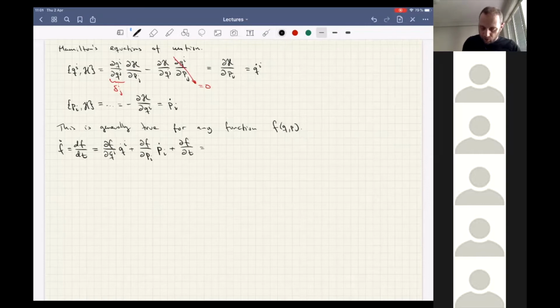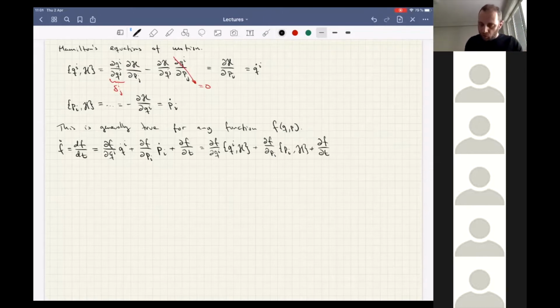And what we end up with here is ∂f/∂qi, and then q dot i was this Poisson commutator, plus the same thing for the p, ∂f/∂pi times the Poisson bracket of pi with H, plus ∂f/∂t.